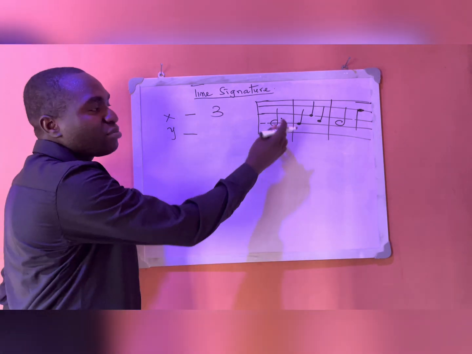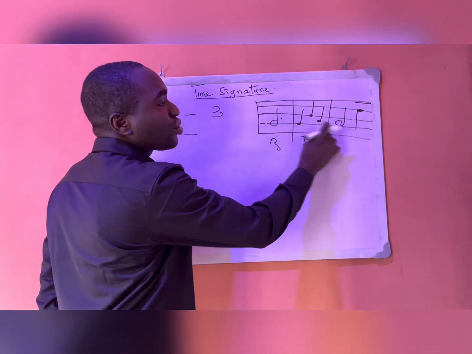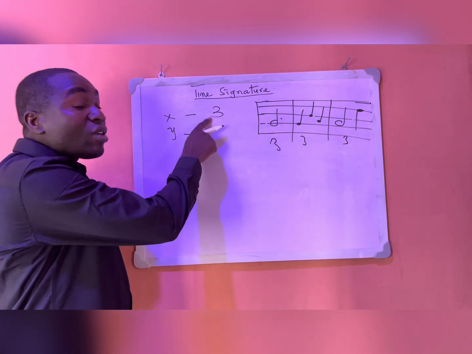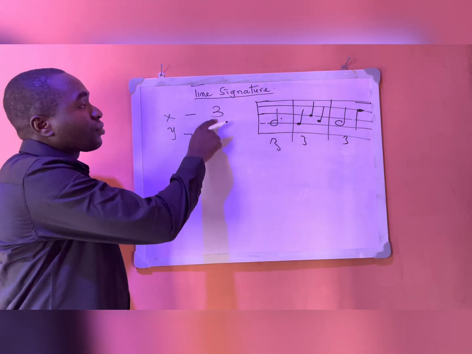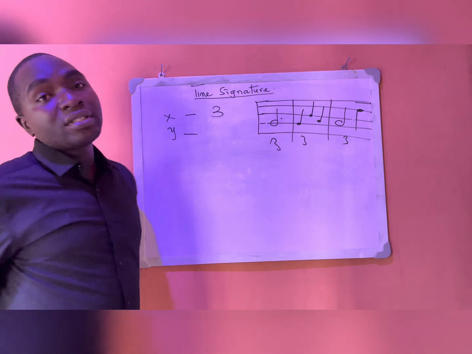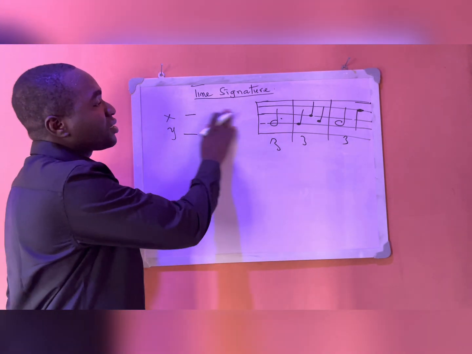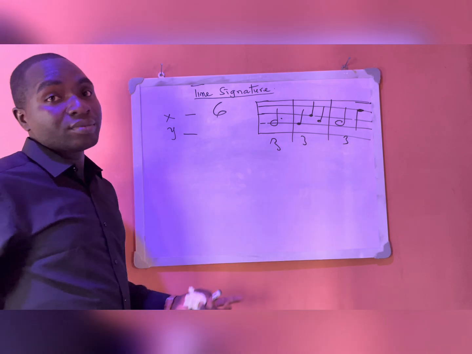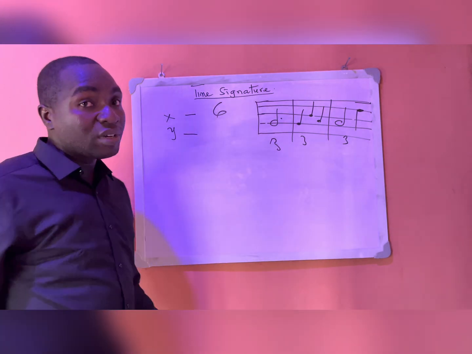Each bar has 3 beats. If you sum up all the values of the notes in this bar, they are all equal to 3. That is what the figure above tells you when it comes to time signature. So if it is 6, that means in each bar there must be 6 beats. If it is 7, whatever number you have there.